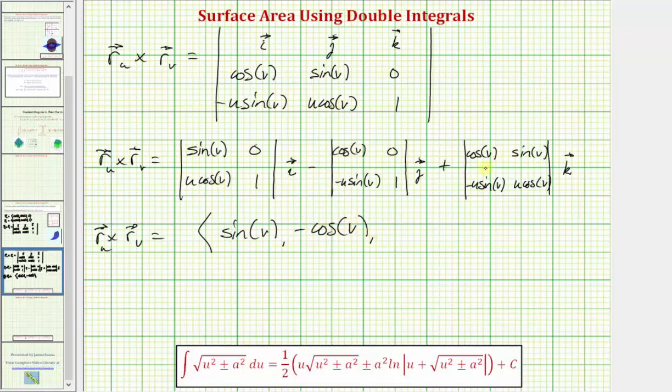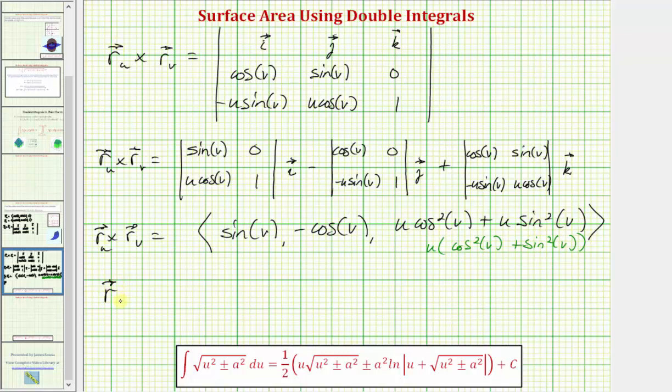And for the z component, we have u cosine squared v minus negative u sine squared v, which is u cosine squared v plus u sine squared v. Notice how this is going to simplify. If we factored out u, we'd have u times the quantity cosine squared v plus sine squared v, and cosine squared v plus sine squared v is equal to 1, so the z component simplifies nicely to just u.